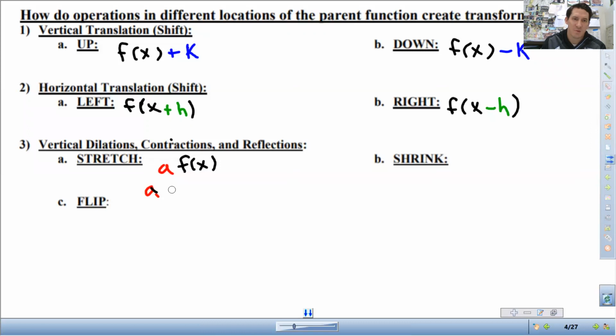Sorry, I'm having trouble writing with this thing today. So if A is greater than 1, it stretches it. I should say the absolute value of A is greater than 1.